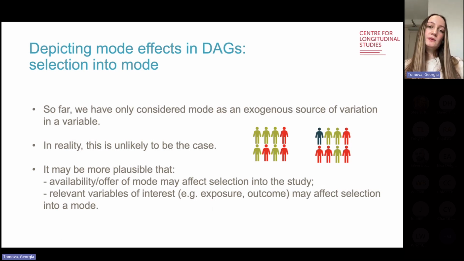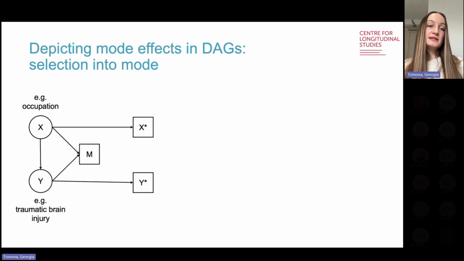So let's look at how we would depict this in a DAG. Suppose this time, forget about the measurement element just for a moment, and consider two examples. Very illustratively, again, we can have an exposure like occupation, and then an outcome such as traumatic brain injury.